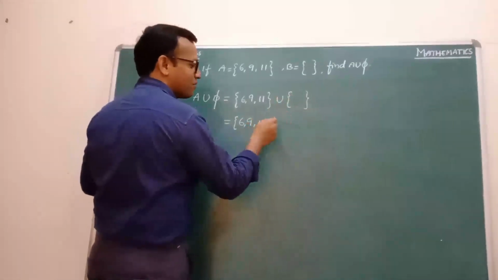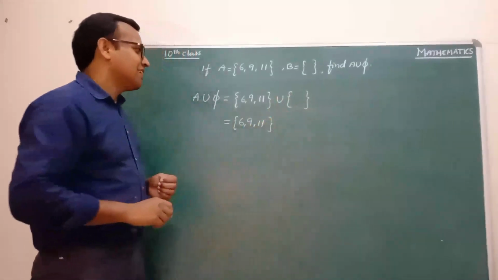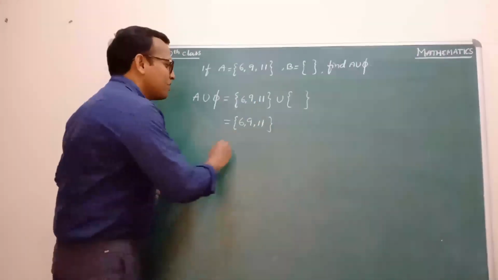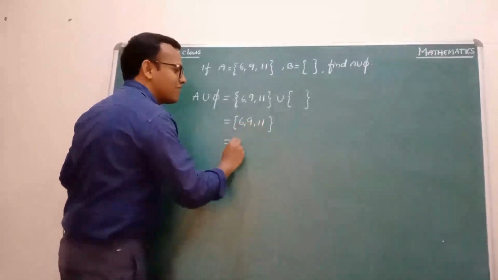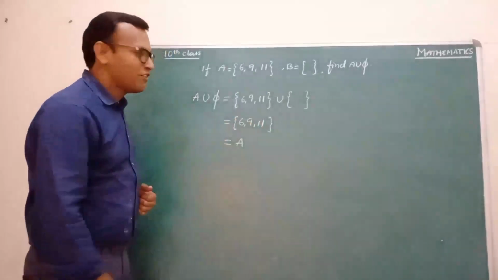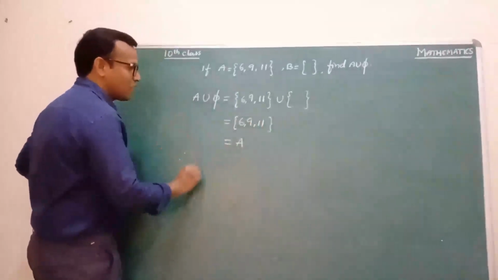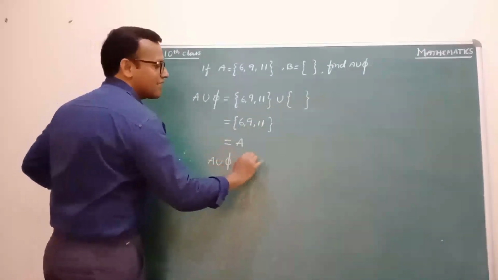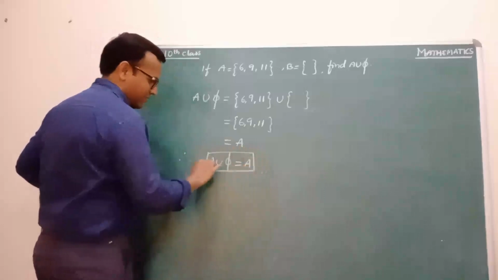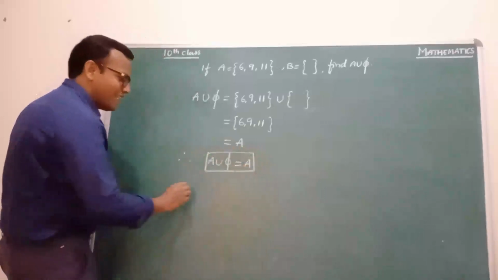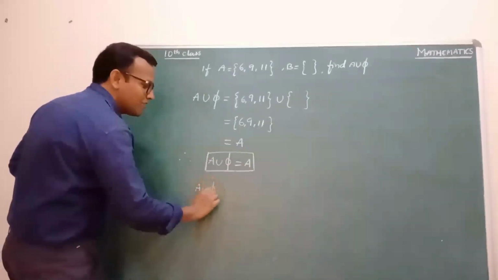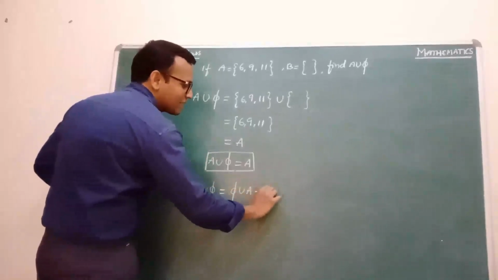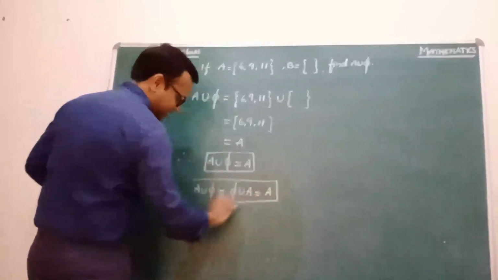There are no elements in the empty set, so we are not writing anything. So after the union, again we got 6, 9, 11, nothing but set A. So we can conclude that A union null set is nothing but A only. Similarly, we can say that A union null set is equal to null set union A is equal to A again.